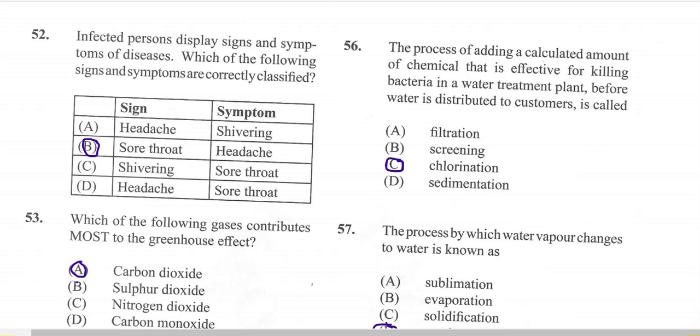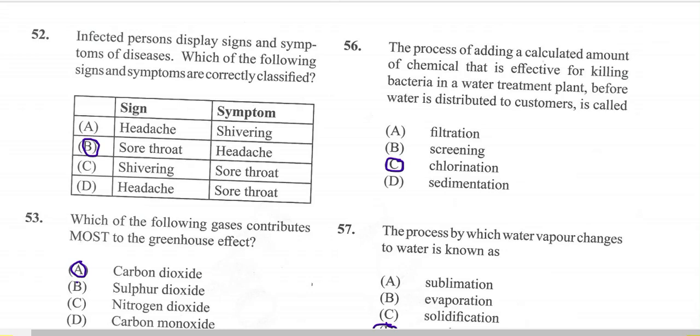Chlorination is going to kill the bacteria. If you are from a rural area like I am, of course everyone would know who is responsible for adding that chlorine to the water each morning before you start drinking. So the answer here for 56 is going to be C.